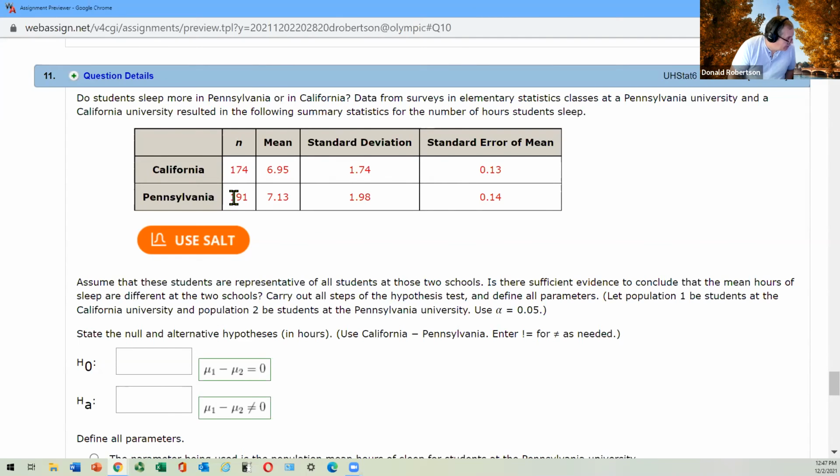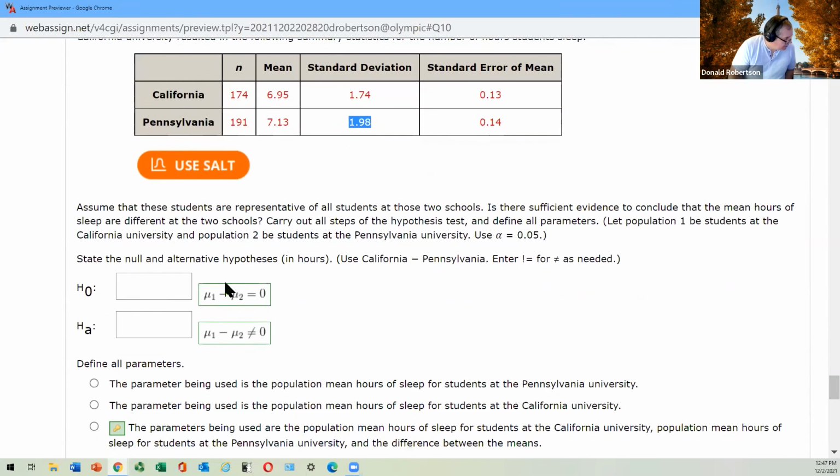The Pennsylvanians, that's how much there were in that sample, 191 of them. They sleep a little bit longer, and their standard deviation is that. The difference is 0. The alternative is that they're different, right? They're not equal to.